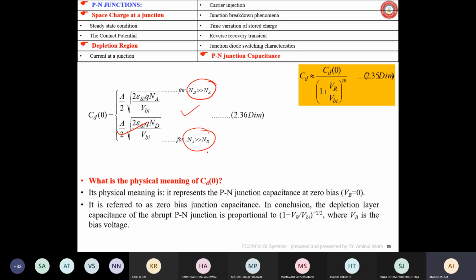If you have notes, refer back, or tell me if you are not able to understand and I'll go back and show all those discussions, but it will take time and we have to extend the classes. What is the physical meaning of this one? It is the unbiased junction capacitance. In simple words, it is the unbiased junction capacitance in any PN junction, not in a diode only. In case of MOSFETs also you see that there are diodes.